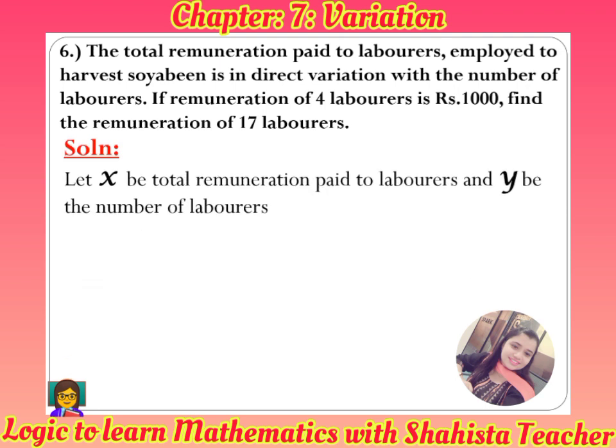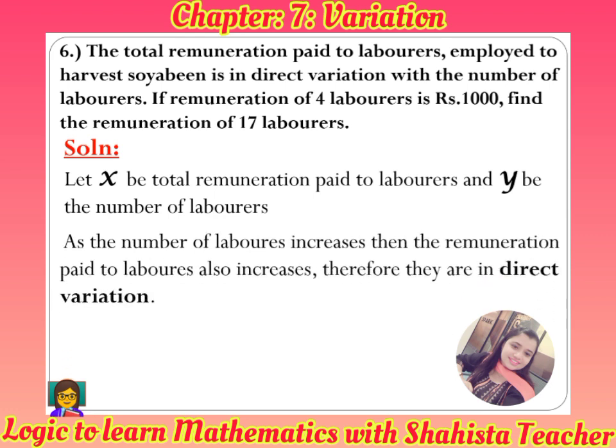So let x be the total remuneration paid to labor and y be the number of labors. हमें ये भी तो पता होना चाहिए ना कि कितने लेबर्स ने हमारे सोयाबीन के फार्म में हार्वेस्टिंग किए हैं. तो उनके लिए y रखे और x रेम्यूनरेशन के लिए. As the number of labor increases, then the remuneration paid to the labor also increases. अगर हमारे फार्म में ज़्यादा लेबर्स अगर वर्क करते हैं तो हमको ज़्यादा रेम्यूनरेशन पे करना होगा.